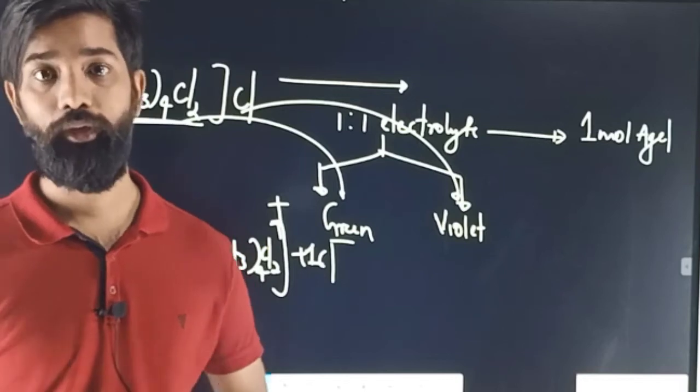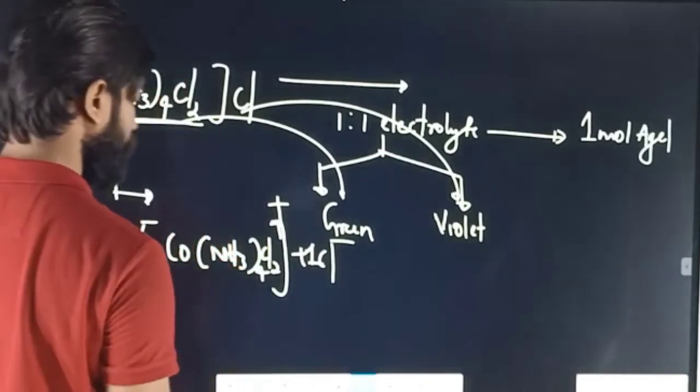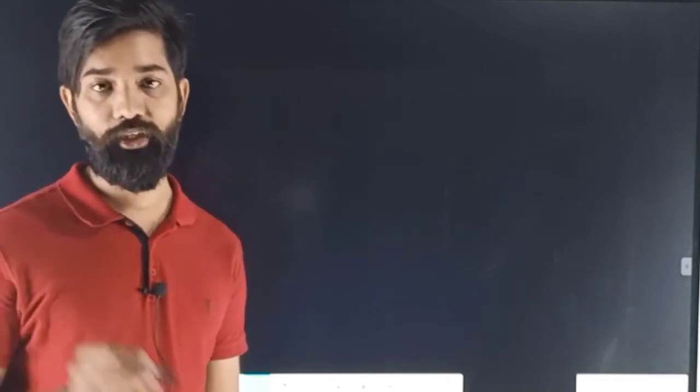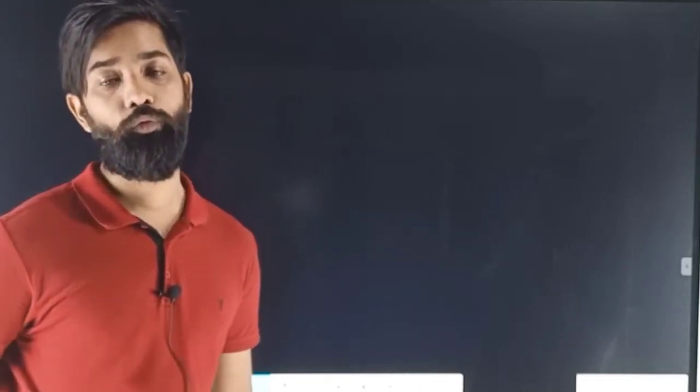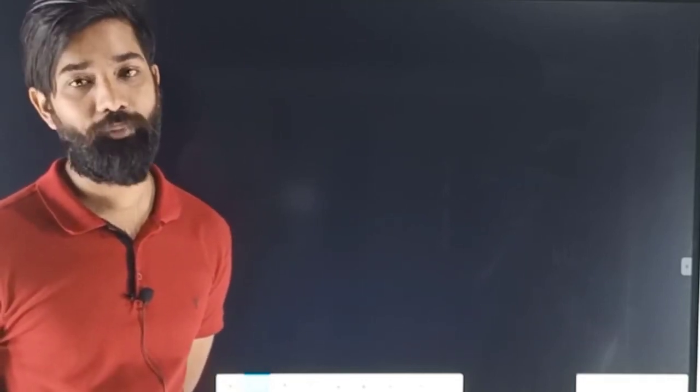So that may be some kind of isomer. He realized that there may be a chance for isomers in this kind of molecular compounds. That is exactly the first initiation which leads to the development of coordination compounds.